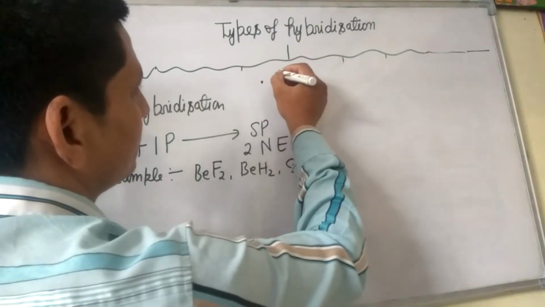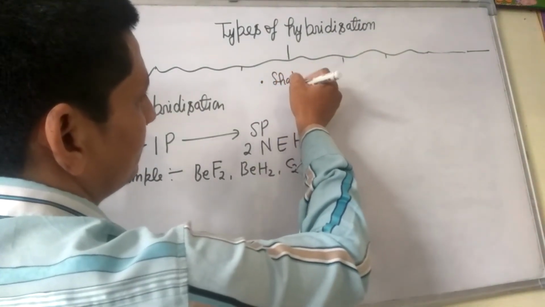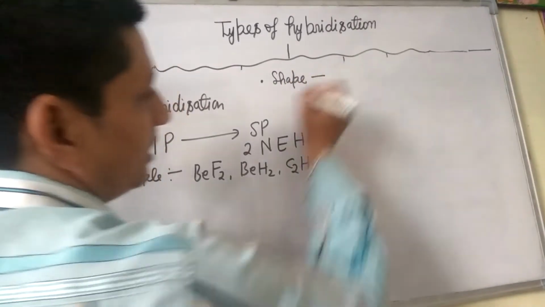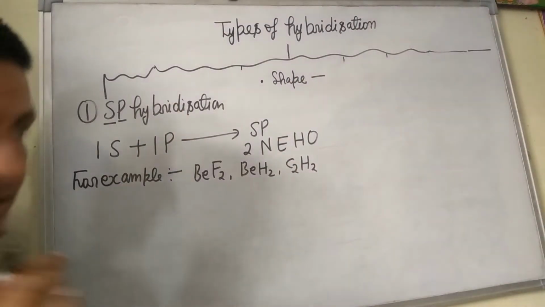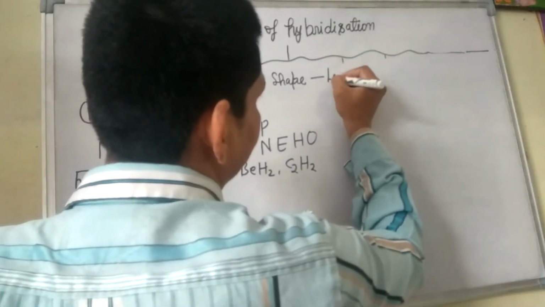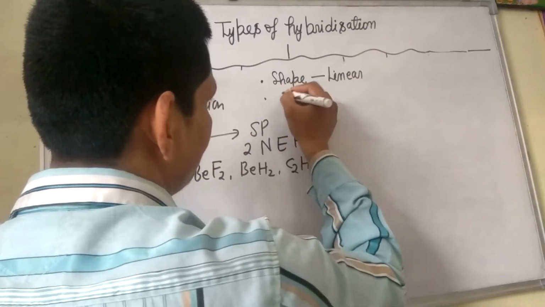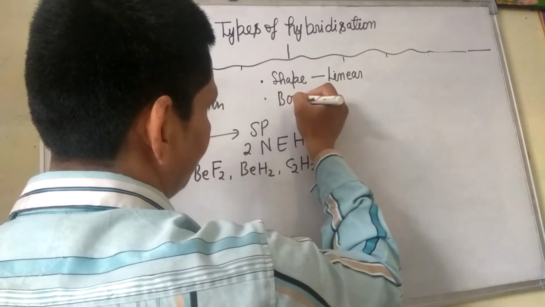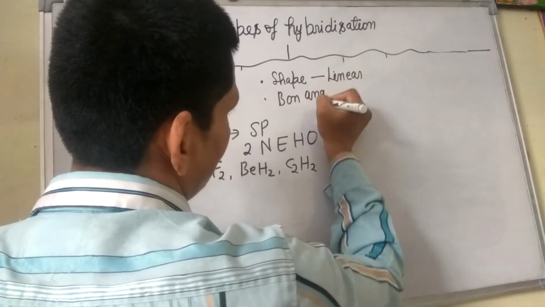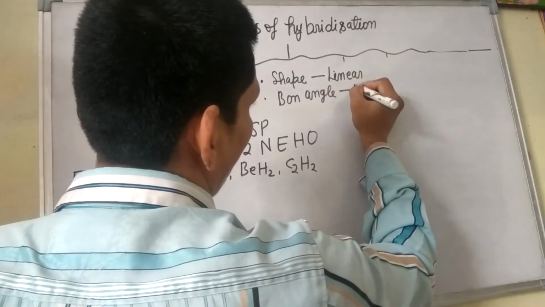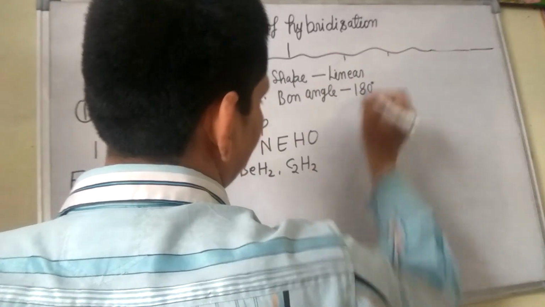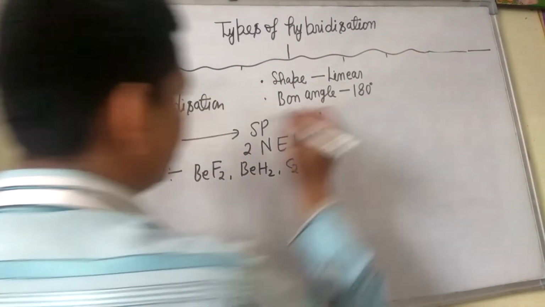First point, shape: sp hybrid orbitals generally have linear shape. Second important point, bond angle: bond angle is 180 degree.